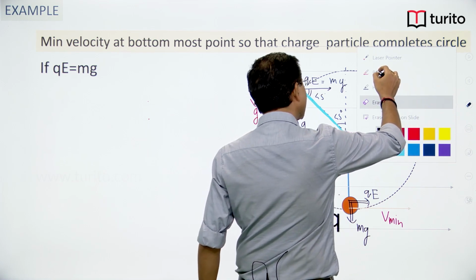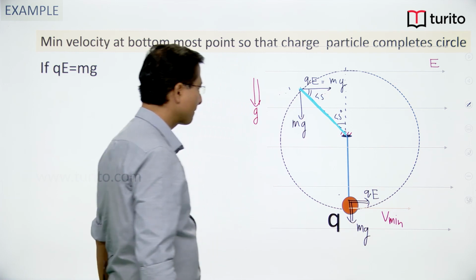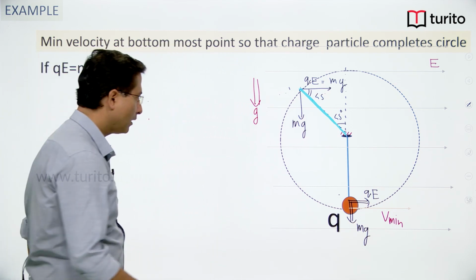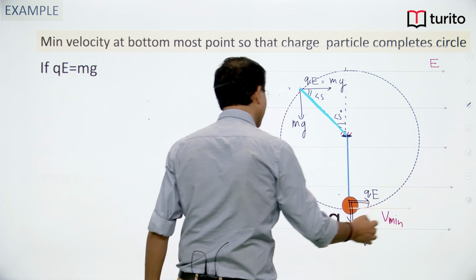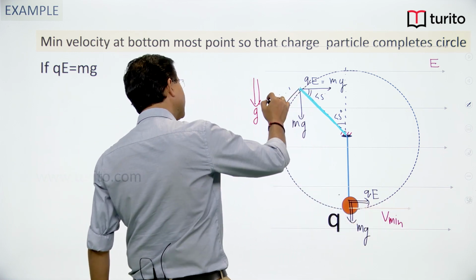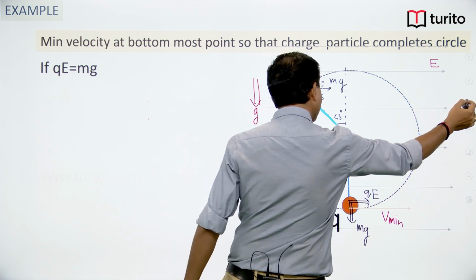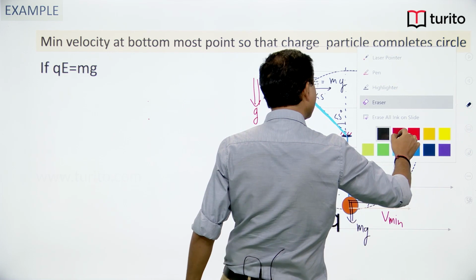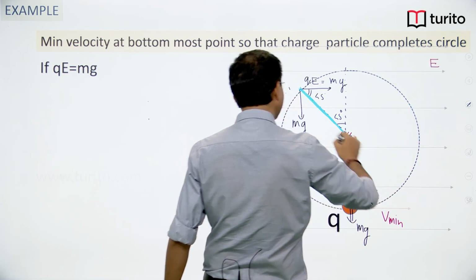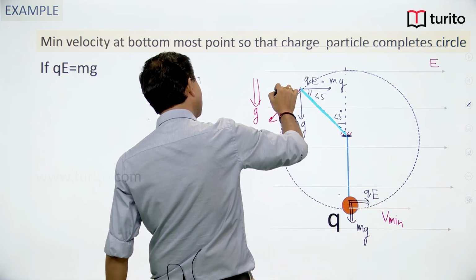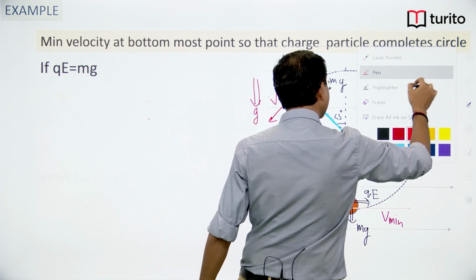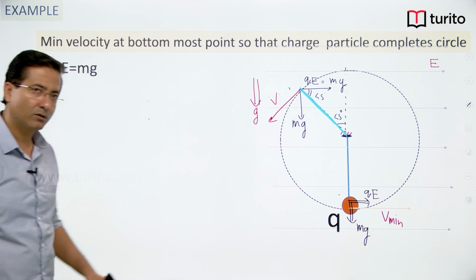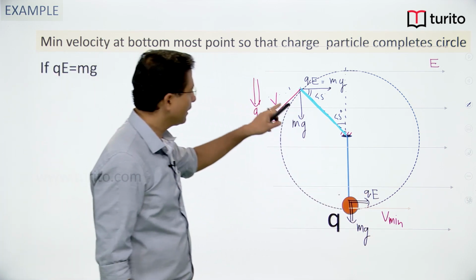If I ask how many unknowns are there, I do not know the velocity at this particular point. Let the velocity be v.